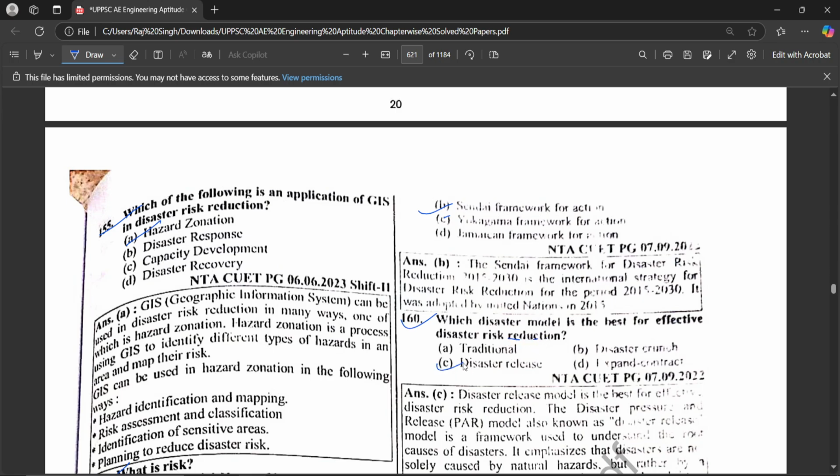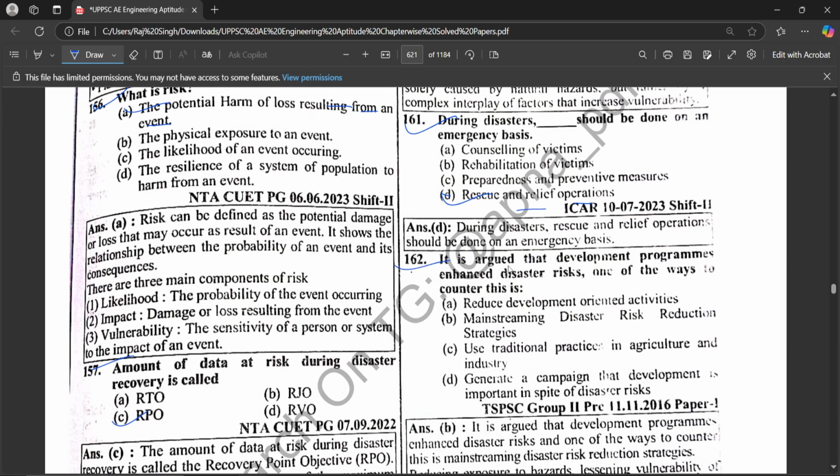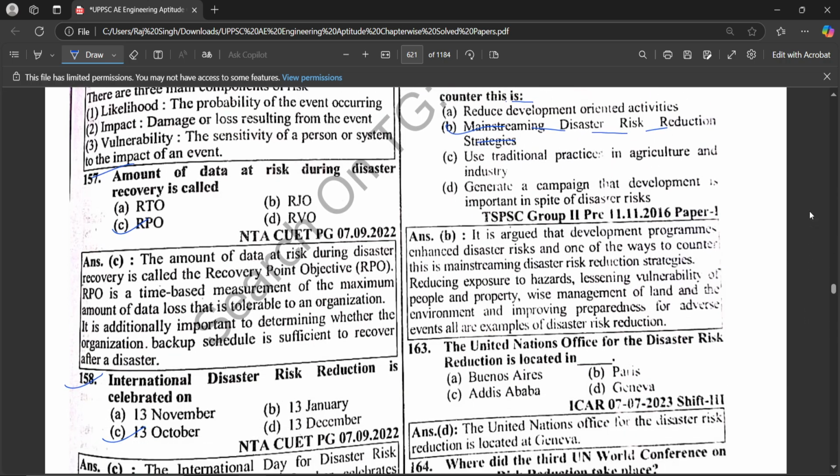Disaster relief. During the disaster, tasks should be done on an emergency basis, rescue and relief operation. It is argued that development programs enhance disaster risk. One way to address this is mainstreaming disaster risk reduction strategy.